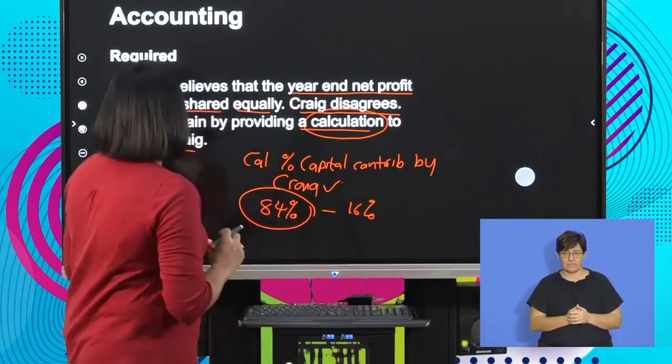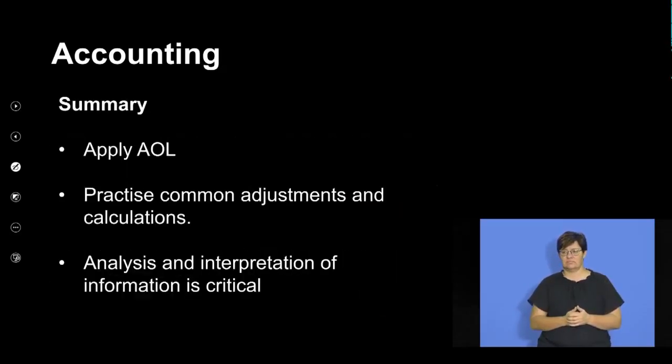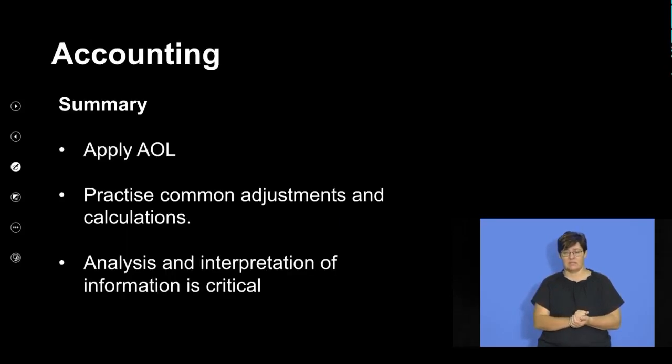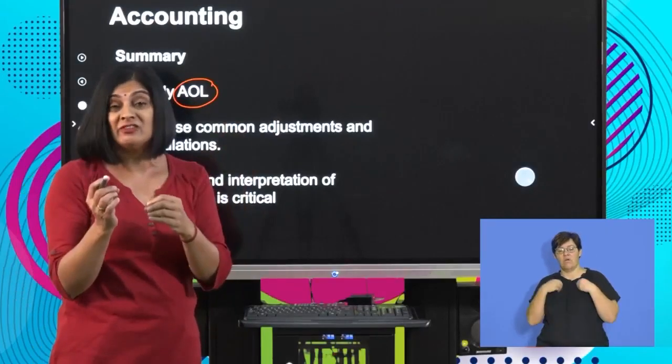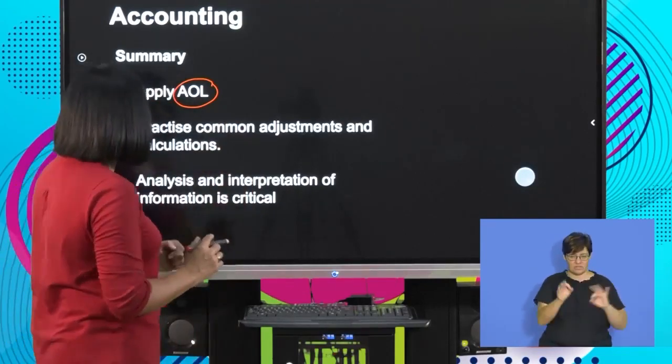Okay, I think we're done. Let's move on. So to summarize, accounting students, make sure you constantly use the accounting equation, because the accounting equation will give you a sense of whether or not you understand the unique transactions.